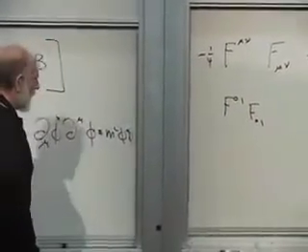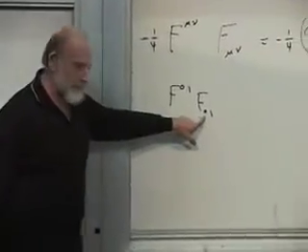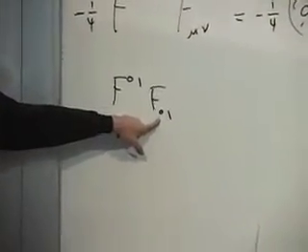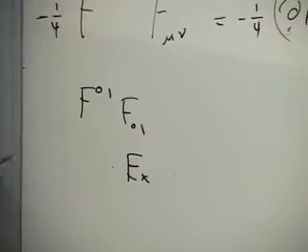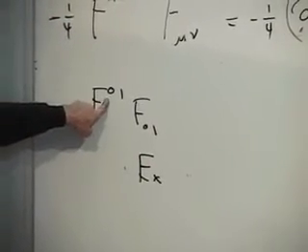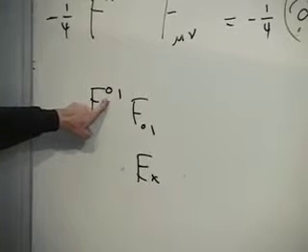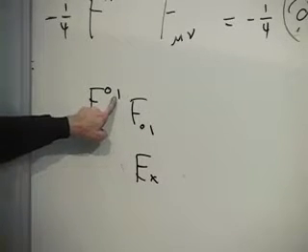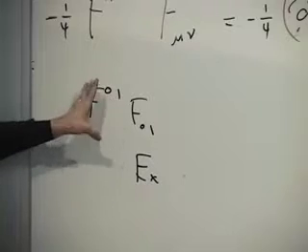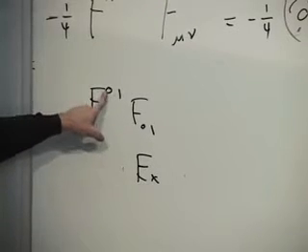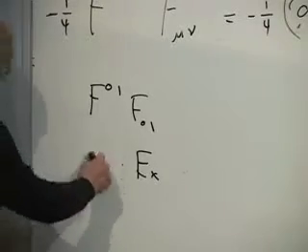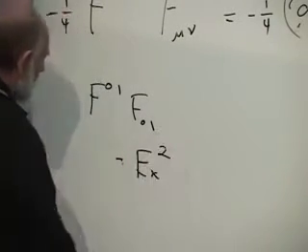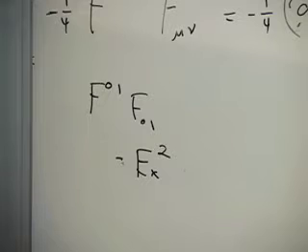Now what is F naught 1 with the lower index? Anybody remember? E1 or Ex. What is it with the upper index? When you raise a space component index, nothing happens. When you raise a time component index, the sign changes. So this is proportional to minus Ex squared.